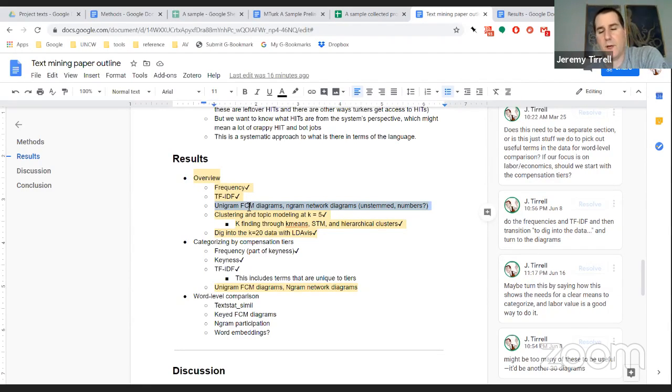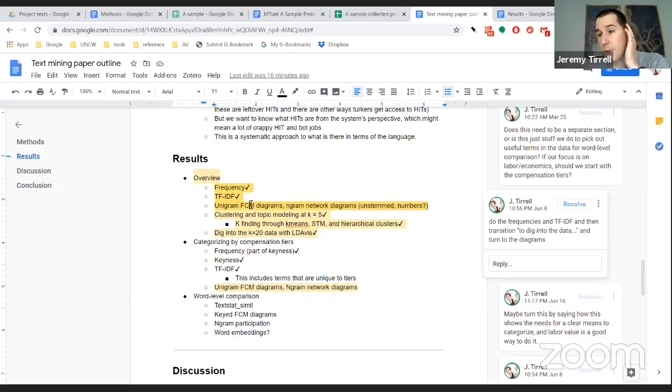So FCM is a frequency co-occurrence matrix that basically looks at documents. Well, you can tell it to do whatever you want, but the way we're doing it is it looks at documents, which in our case is basically hit titles and hit descriptions. Those we put together basically. So that's a document, right?